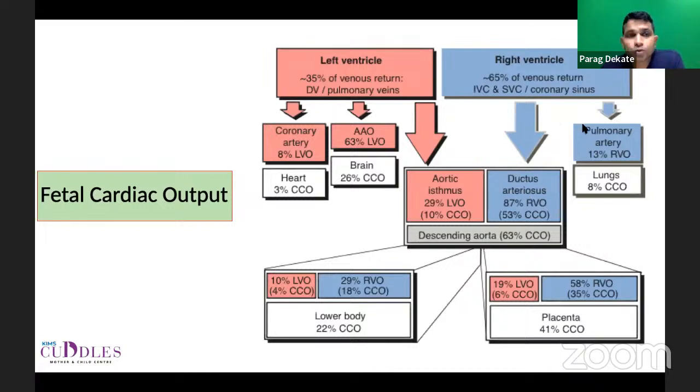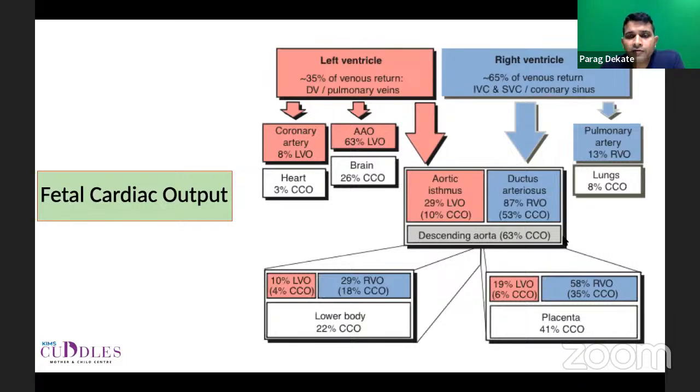So the right ventricle has two channels now. One is it will eject the blood into the main pulmonary trunk. Then through the ductus arteriosus, almost 90% of the blood goes into the descending aorta. The rest of the blood, which is 8 to 10%, goes into the lungs.